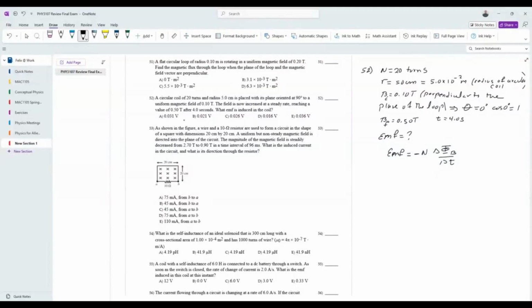That's why you don't see any negative answers later. Regardless that I will keep the negative sign and we work with the negative sign, the answers are positive, because the negative sign has only one meaning: it opposes whatever change has occurred. So now, what happened with delta phi B?